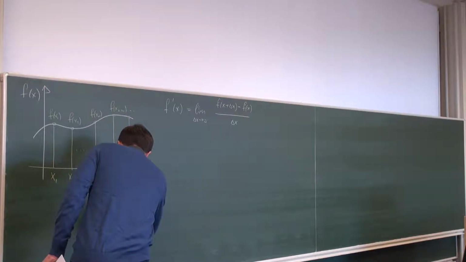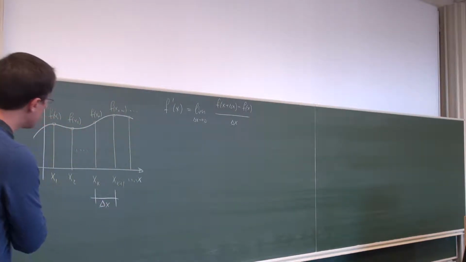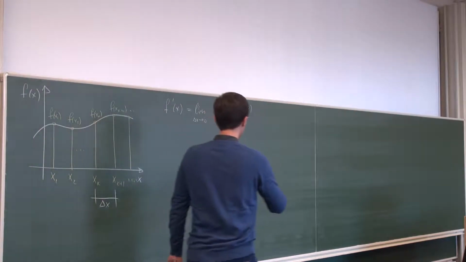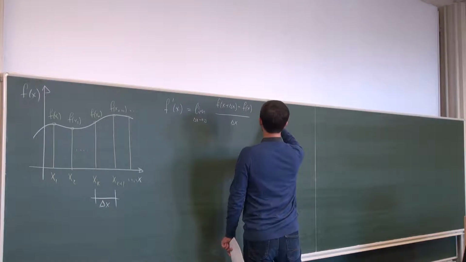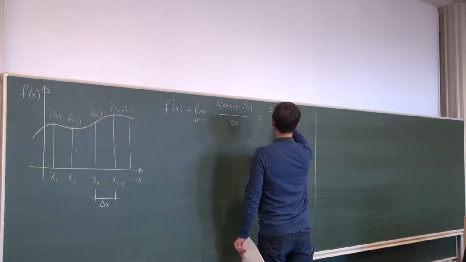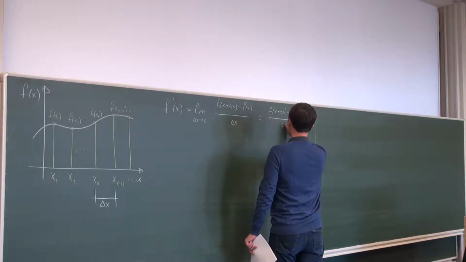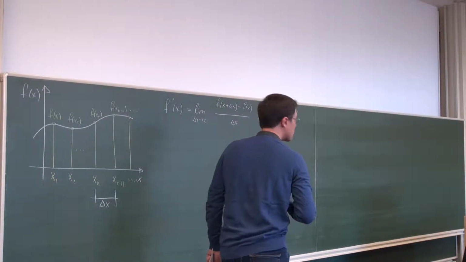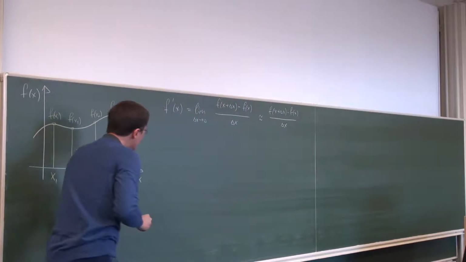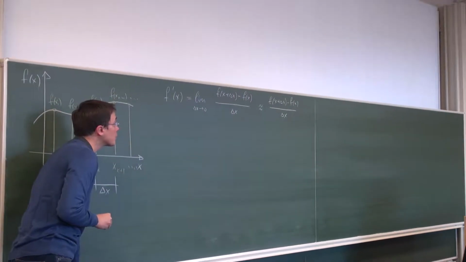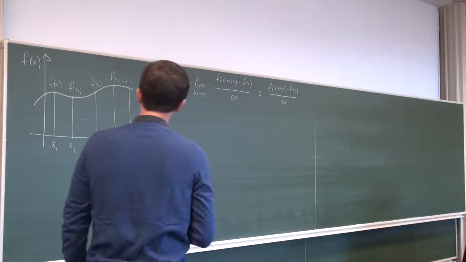Then we can turn that limit expression, if delta x is not infinitesimally small but is instead finite, we can say, okay, we can perhaps approximate this by f of x plus delta x minus f of x over delta x. And you've seen that a few times already. We have used this approximation when we were discussing, for example, the rules of differentiation. So I used that to prove the chain rule and the product rule for it.